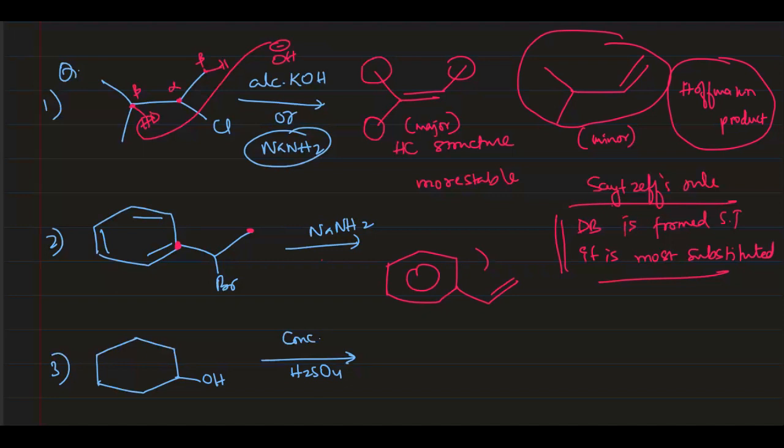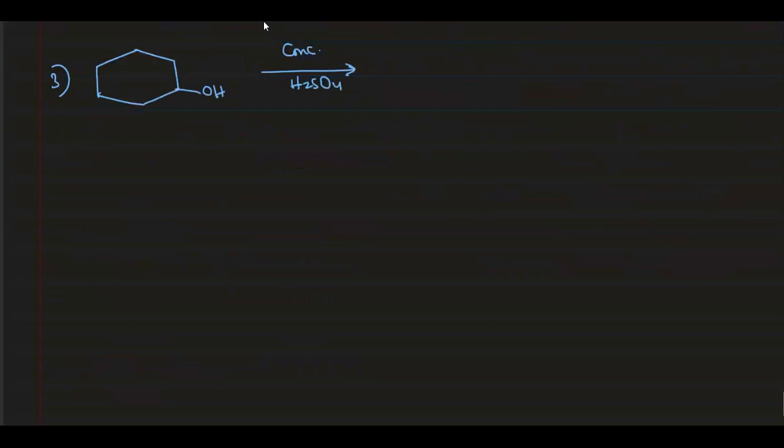So here you see, for discussing the third question, we will take the example of H2SO4 acting as an eliminating reagent, that is a dehydrating agent, giving HSO4 minus. Now you see, this H plus actually is an electrophile. This is an alcohol, so it can act as a nucleophile and attack the proton.